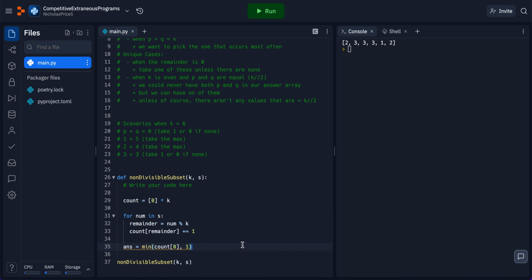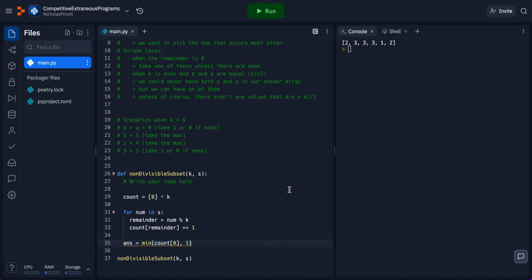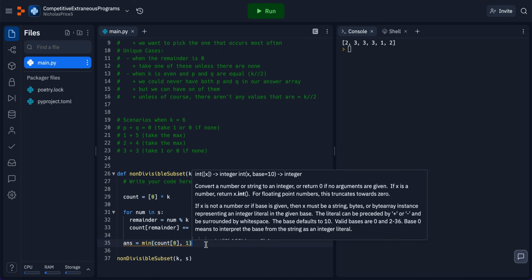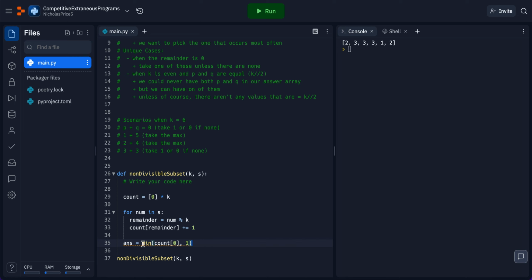You could have 6 and 18, but you never want to have both 6 and 18 in our subset array, because 6 plus 18 is divisible by 6. So let's say we picked the 18. We could pick the 18, or we could pick the 6, but we could never pick more than one number that has 0 as the remainder.